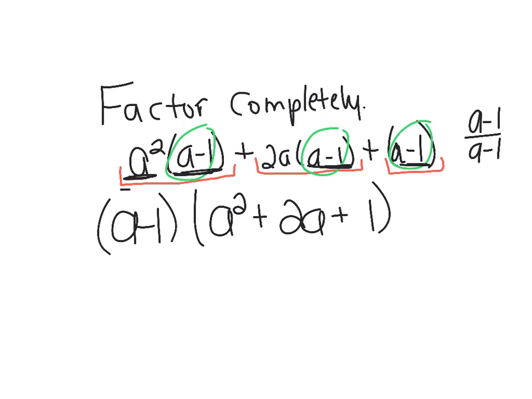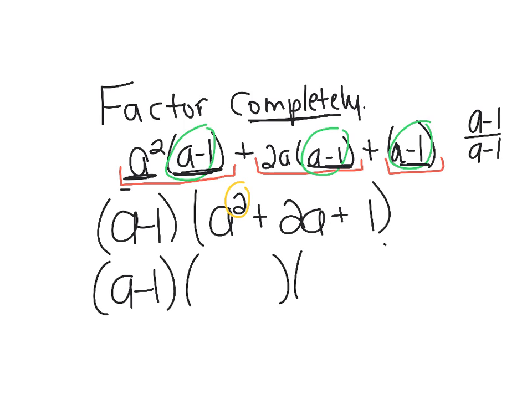But when you are factoring completely, anytime you still have a square in your problem, 2 or bigger on your exponent, that's an idea that it might factor again. So we have (a - 1), and then we do two sets of parentheses to see if we can factor a squared + 2a + 1.